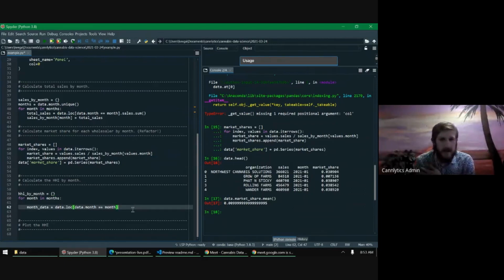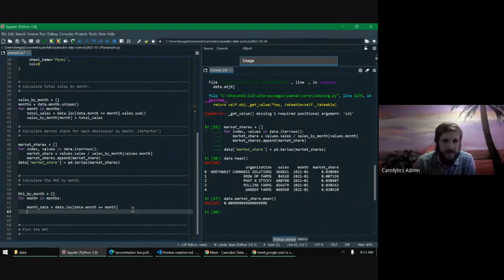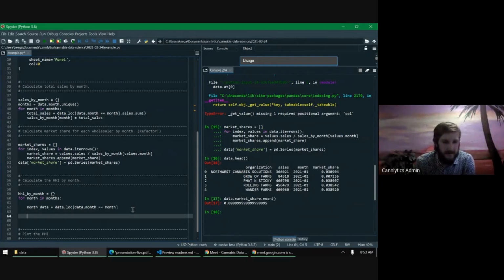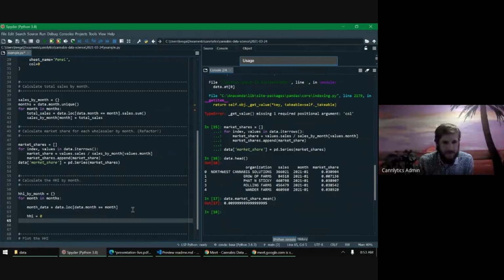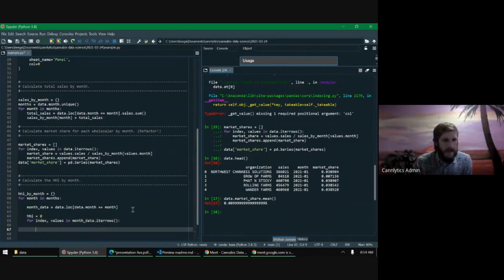All right. And so then we'll want to calculate the HHI. Right? And so now we'll iterate over all the firms. And remember the HHI, we're going to add the square of the market share.